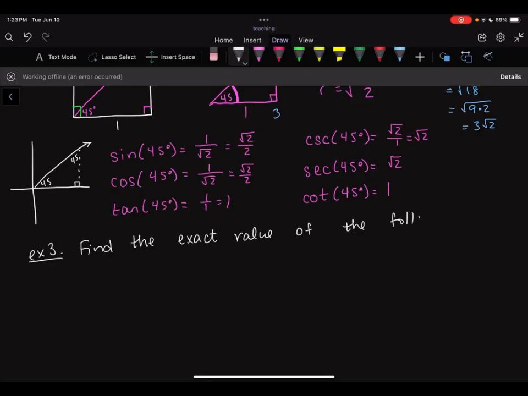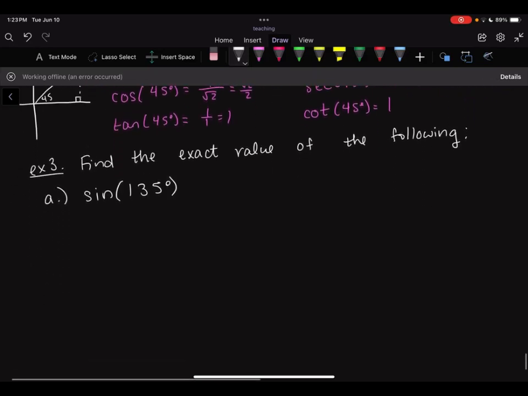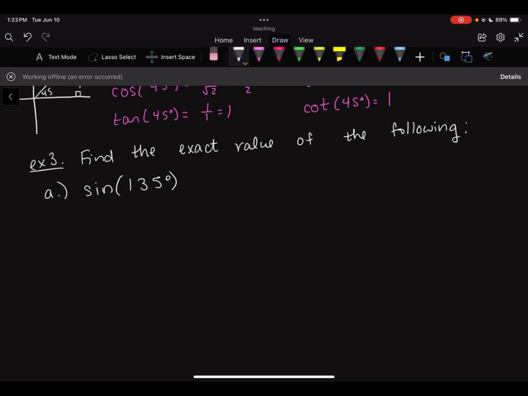And we'll do a few of these. So part A, I'm going to do sine of 135 degrees. Part B, I'm going to do cosine of 5 pi over 4. And I might make some more of these, but I don't want to crowd the space, so I'm going to start with this.